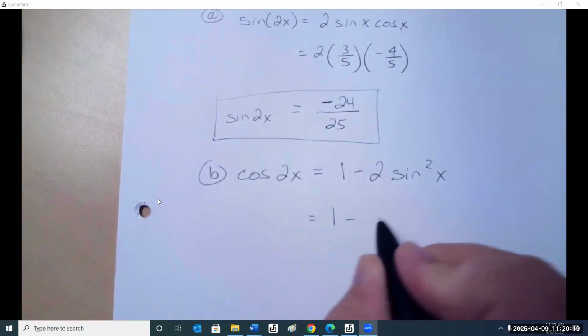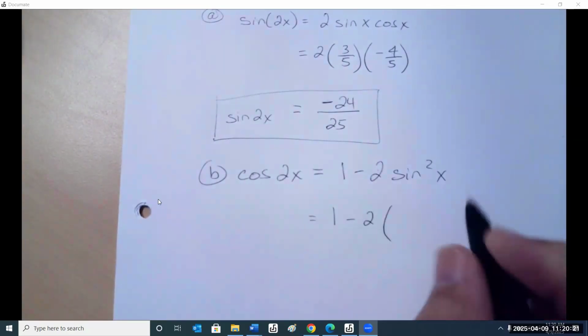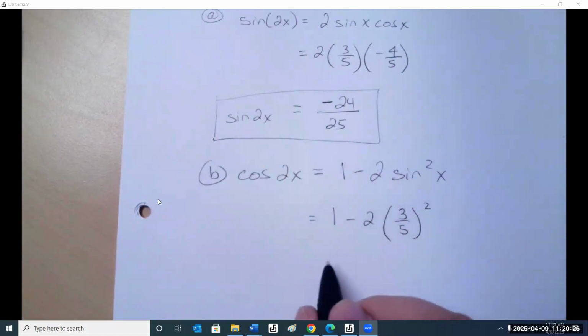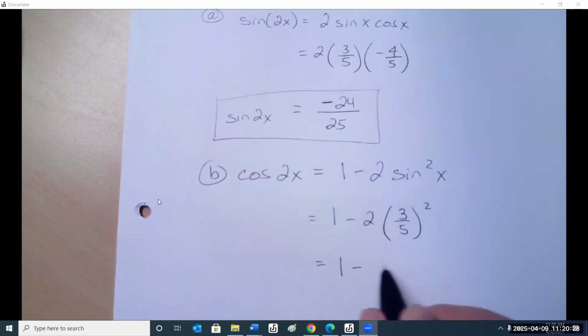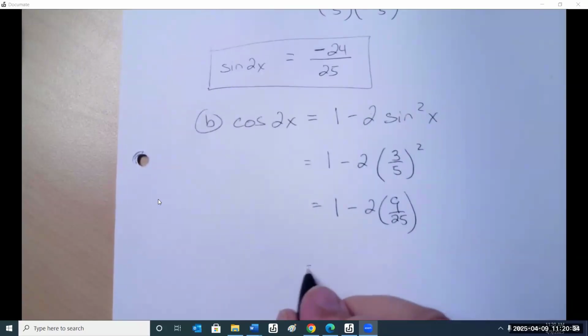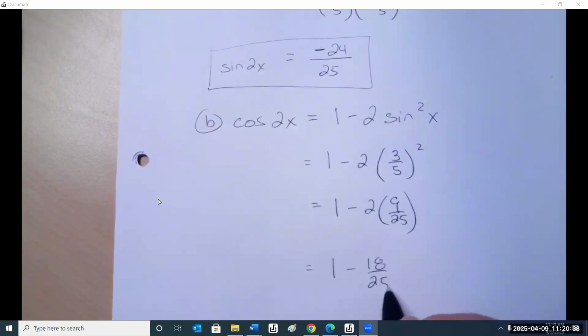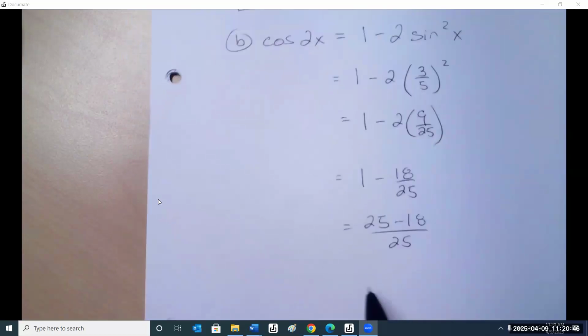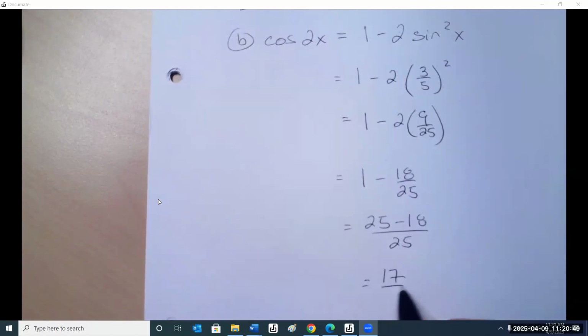So it's 1 minus 2 times 3 over 5 squared. 1 minus 2 times 9 over 25. 1 minus 18 over 25. 25 minus 18 over 25 is 17 over 25.